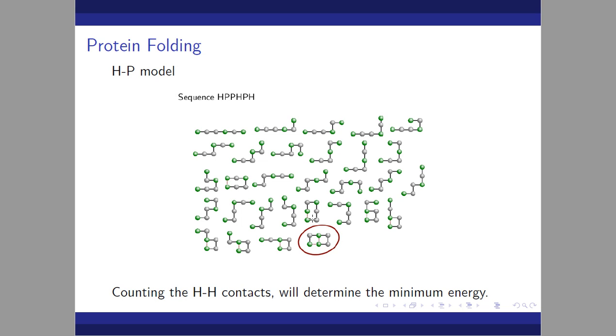But here we can see that the minimum energy is in this position. It can be in any configuration, but it prefers this configuration because it has the minimum energy. So HH contact will produce the minimum energy, so it will be preferred in this configuration. Okay, so that's all for this chapter.